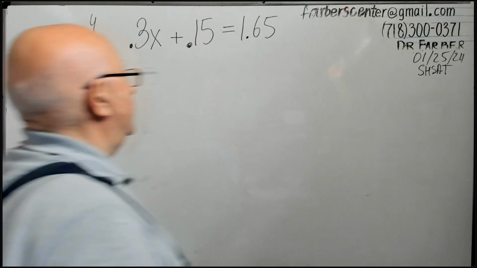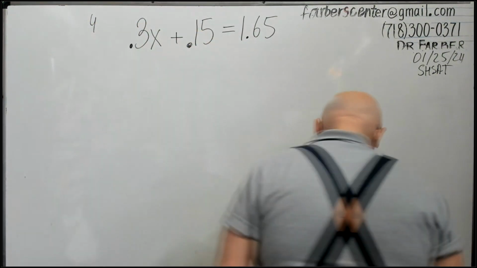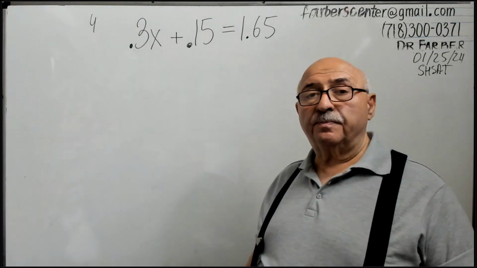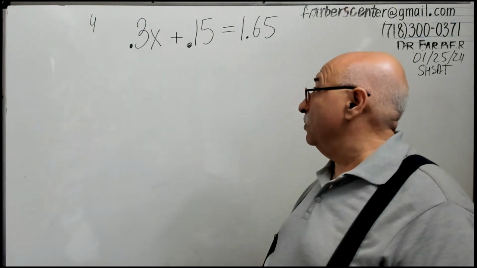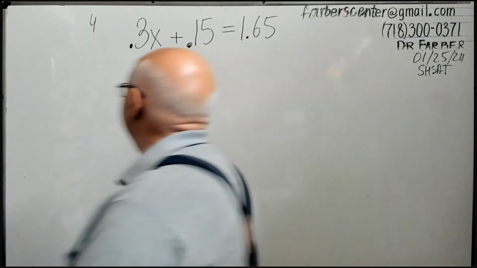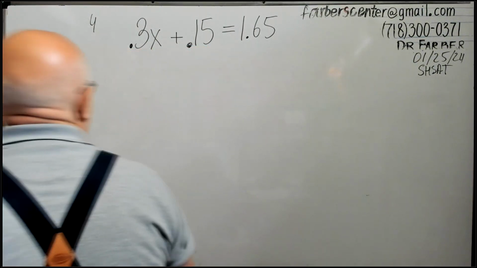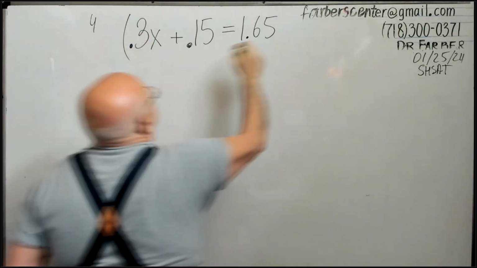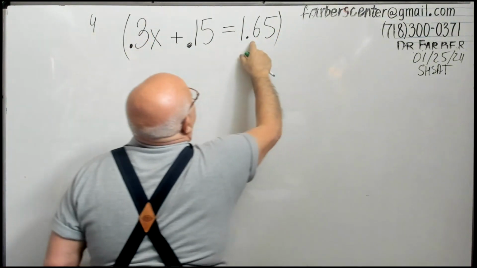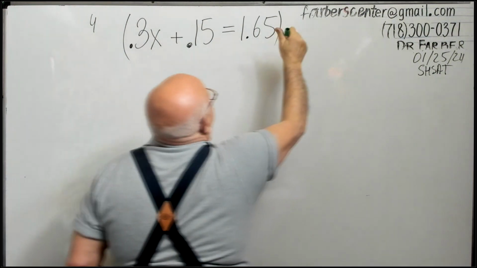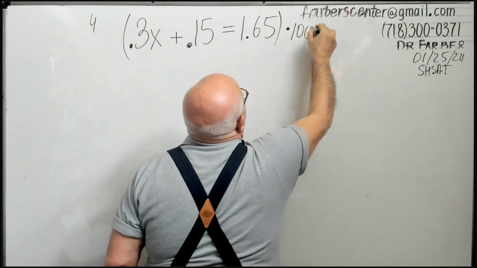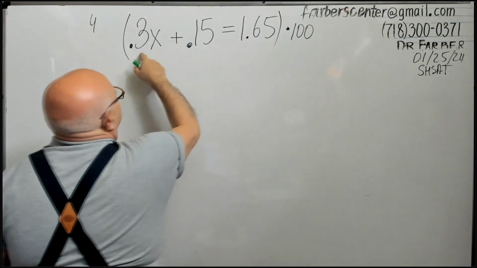Again, recall the t-cutoff method. What I don't like here, I don't like decimals. According to t-cutoff, let's make what? Whole numbers. I put parentheses, and since we have hundredths, I multiply both parts by 100.